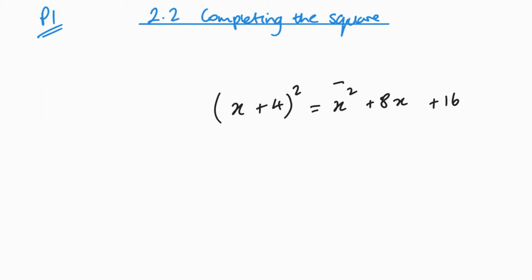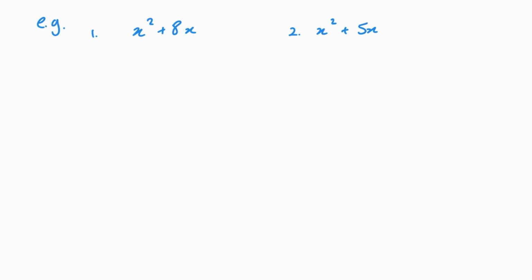When we complete the square, we essentially look at this part going back into here, and then we have to be aware of this part. Let me show you. This first one is very much like what we were just looking at, x squared plus 8x. The way I approach it is very simple. What I want is x plus half of this value, squared.